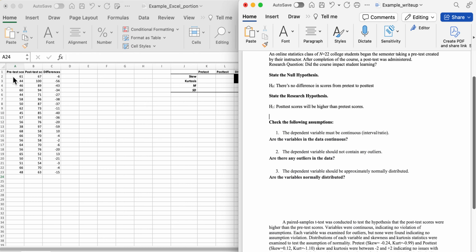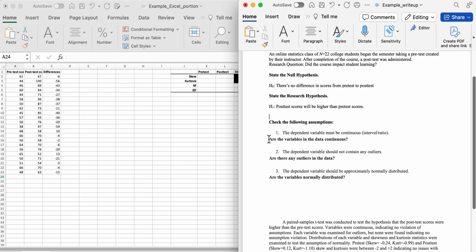So this is a within subjects design, right? Because this is the same person and this is the same person and so on. So we need to think of what assumptions we're going to have for this paired samples t-test that we're going to use.